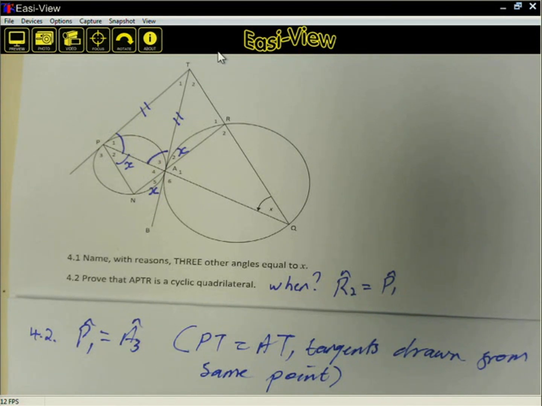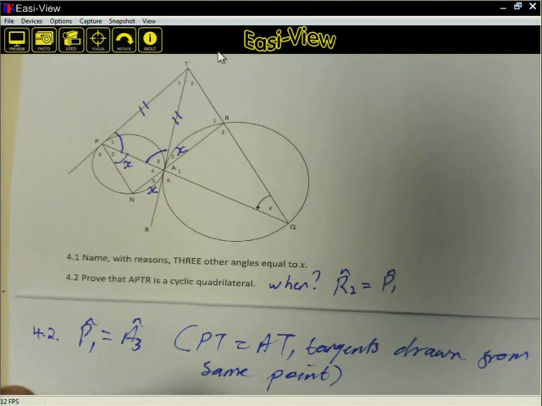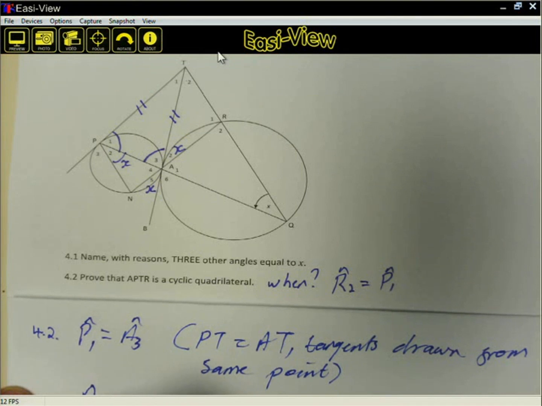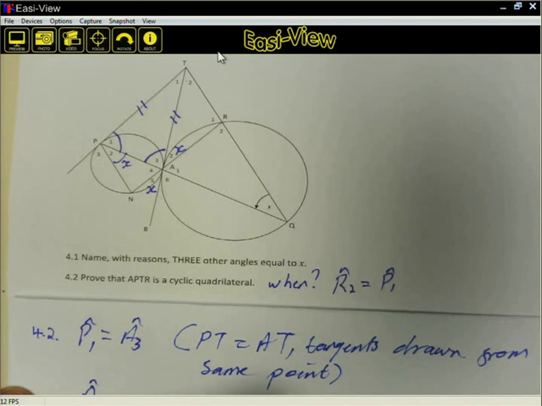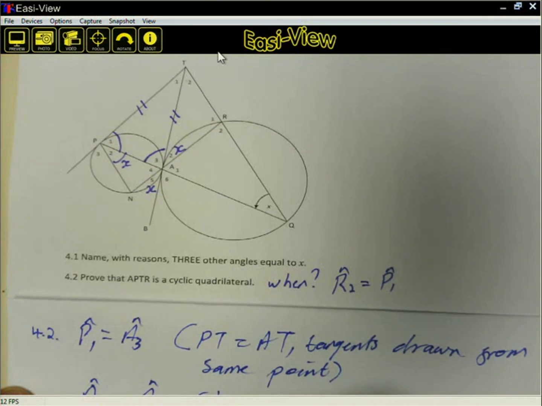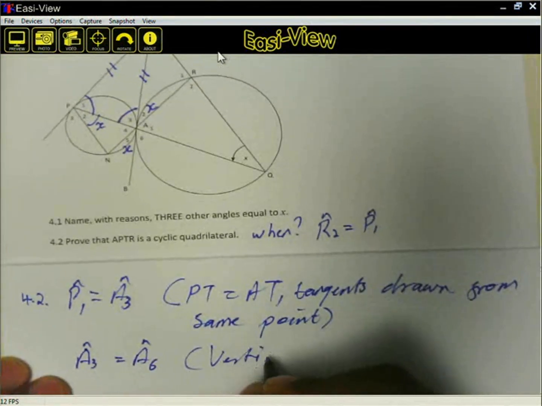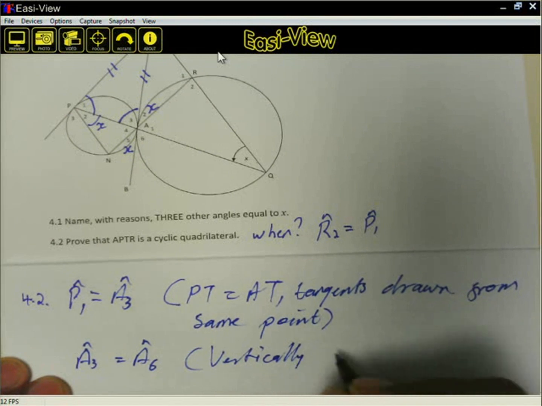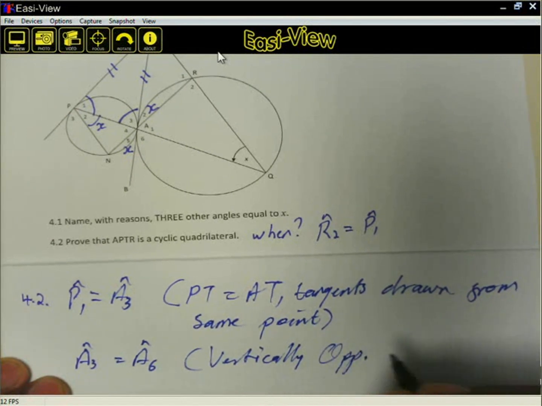Look at A3 and A6. What is the relationship? Vertically opposite angles. Therefore, A3 is also equal to A6. Those are the vertically opposite angles.